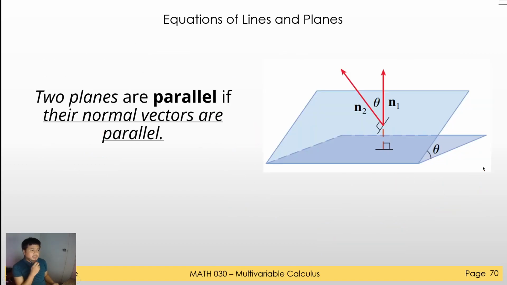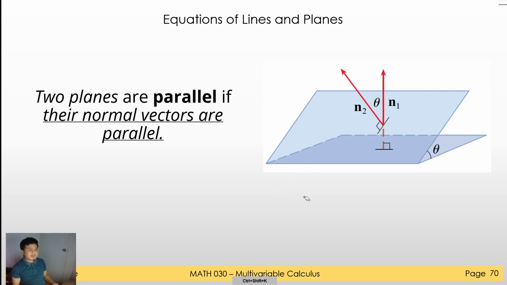An important thing about planes is that we can determine if they are parallel with regards to their normal or orthogonal vectors. If their orthogonal vectors are parallel, then these two planes are also parallel.